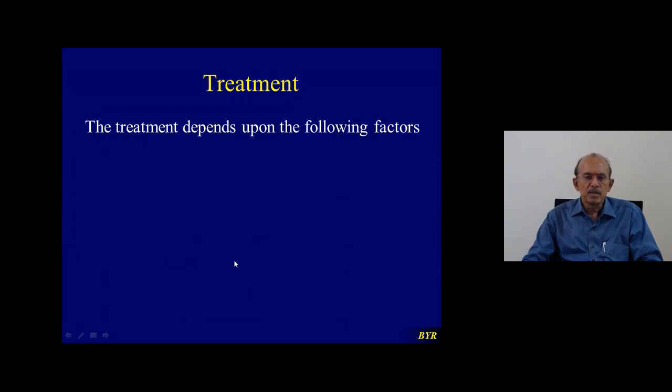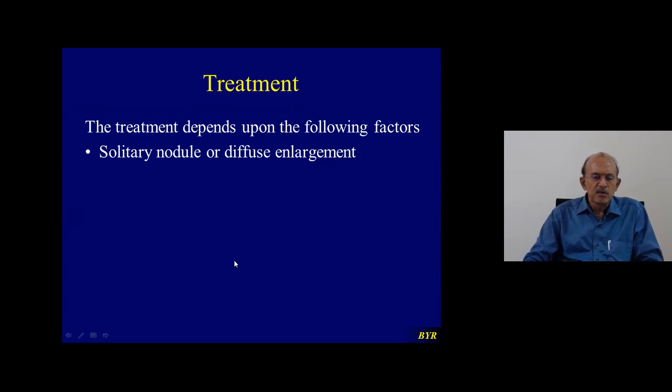The treatment depends upon the following factors: whether the lesion presents as a solitary nodule or a diffuse enlargement. What is the usual type of presentation of differentiated cancer of thyroid? What is the usual presentation?